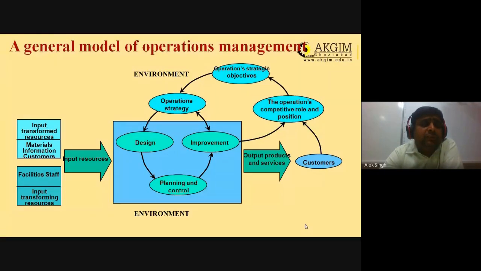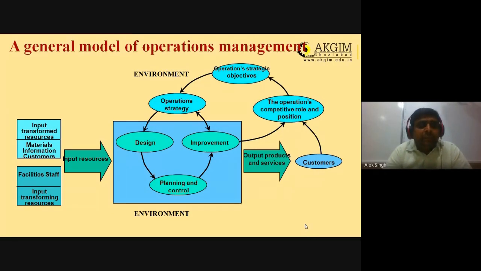These are customers' information. It is also transformed, because first you conduct market research, and after that you produce the product or service for your customer. Nowadays it is a customization-focused and globalization era, and different customers have different perceptions about the product or service. So these are the transformed resources, the resources that have already been transformed.